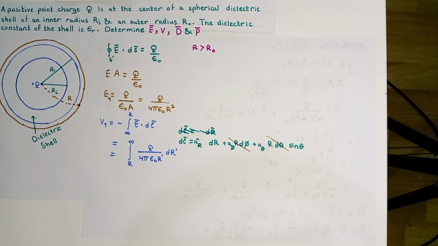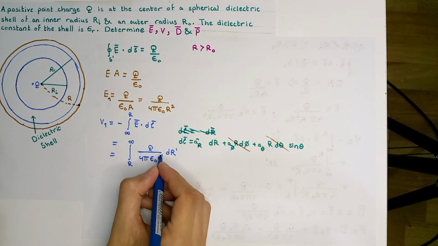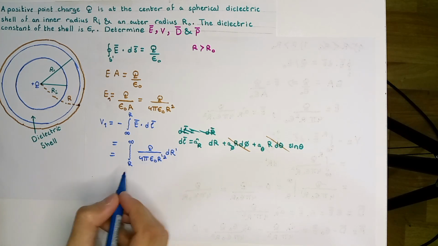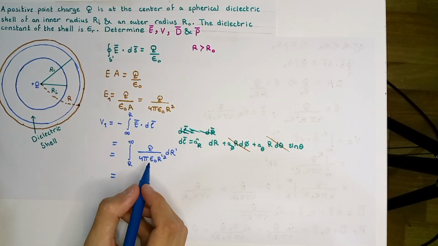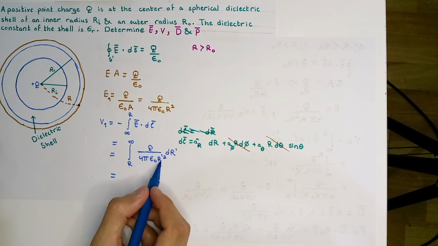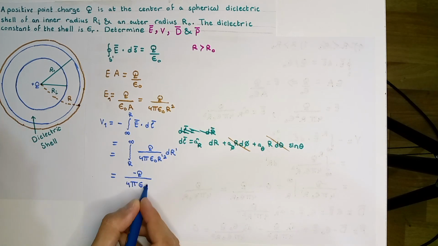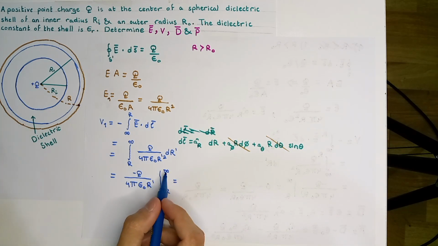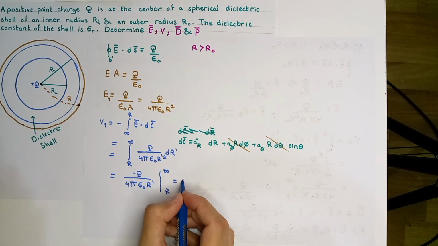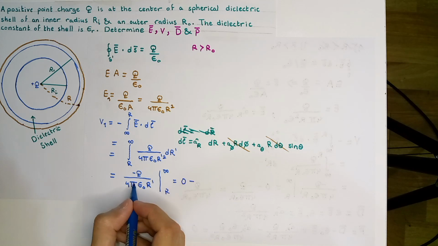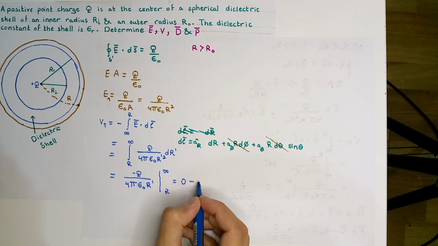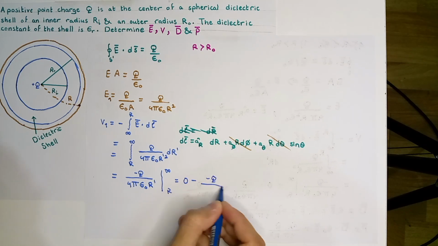Now I'm going to integrate, and the integration of 1 over r prime squared is equal to minus 1 over r prime. Now plug infinity for r prime and we will have 0. Now plug r and we will have this result.